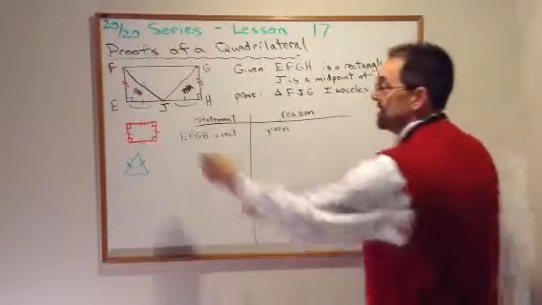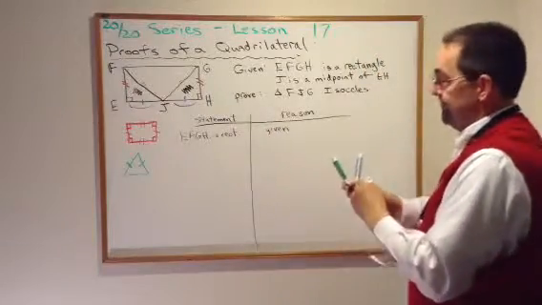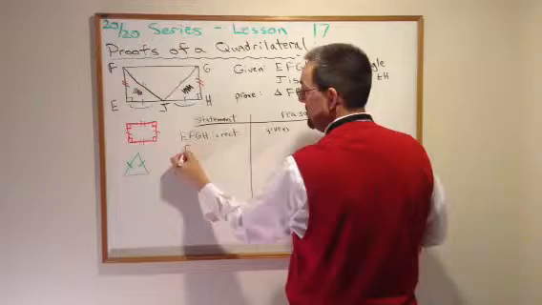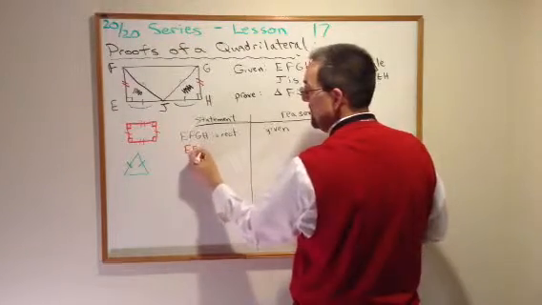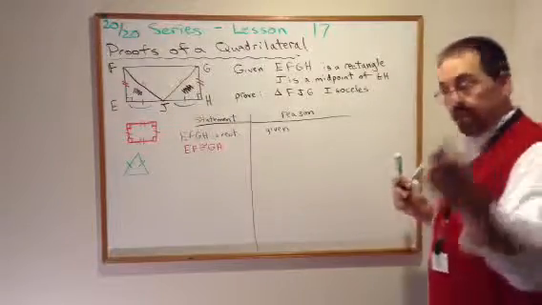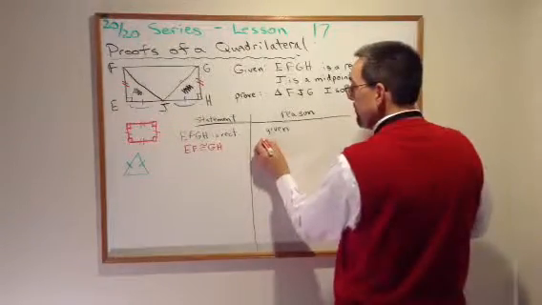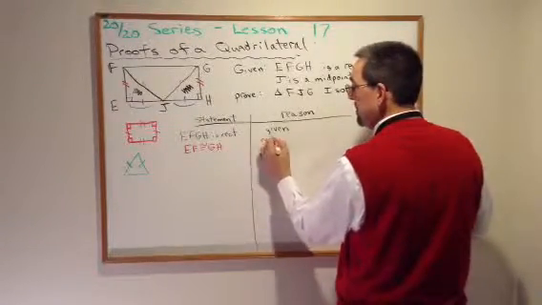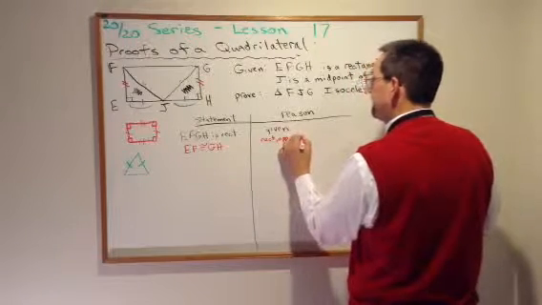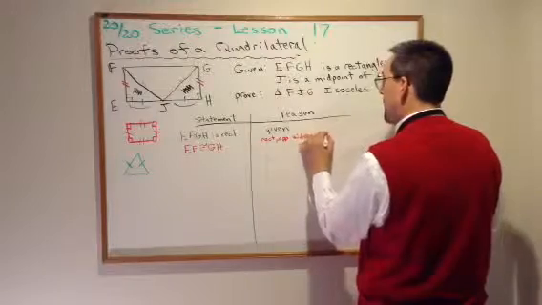Since that's true, let's get our red lines done. Our opposite sides, EF, GH. EF is congruent to GH in a rectangle. Opposite sides are congruent.